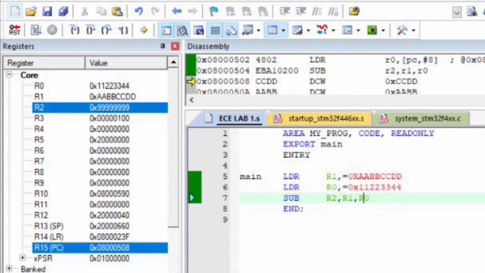And for the subtraction function I use SUB R2, R1, R0. After running the program, we can see at the core part for R0 and R1 it will appear like we programmed it, and for R2 the answer of the subtraction.